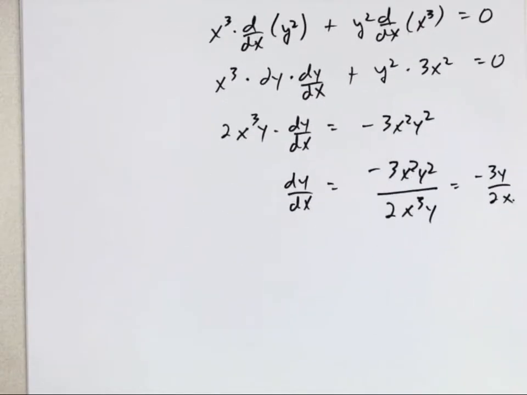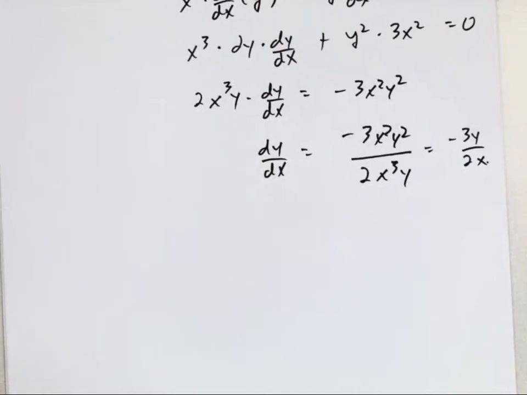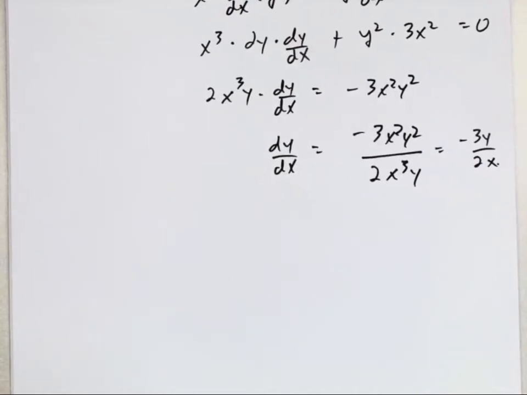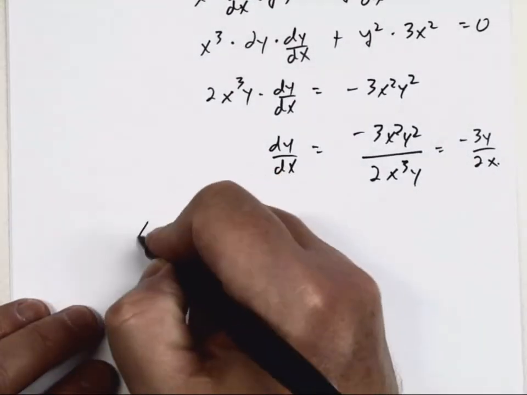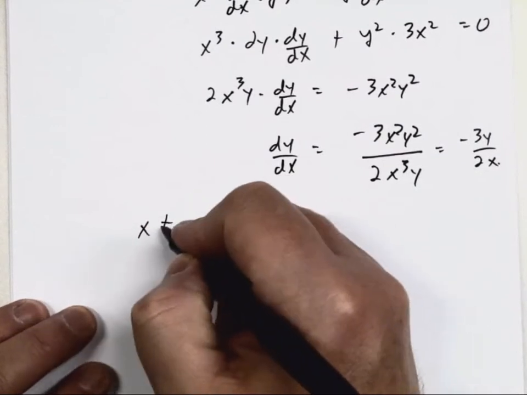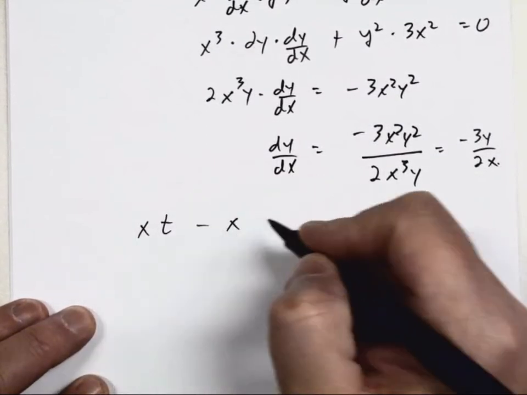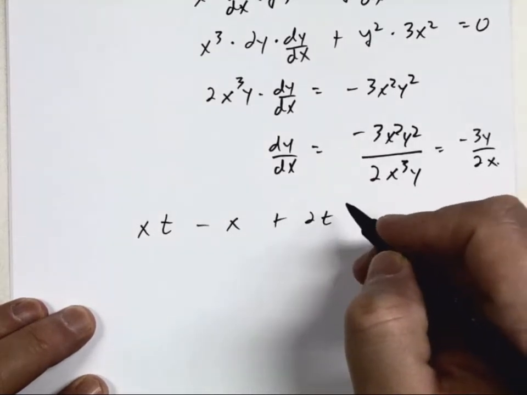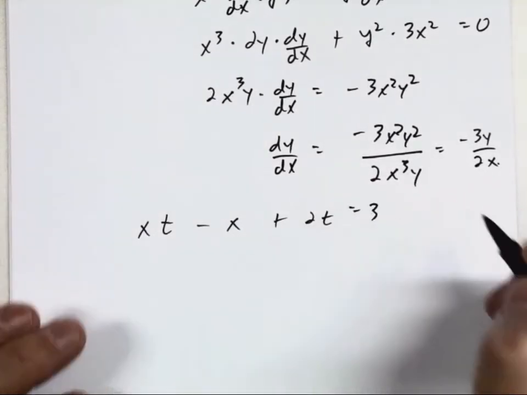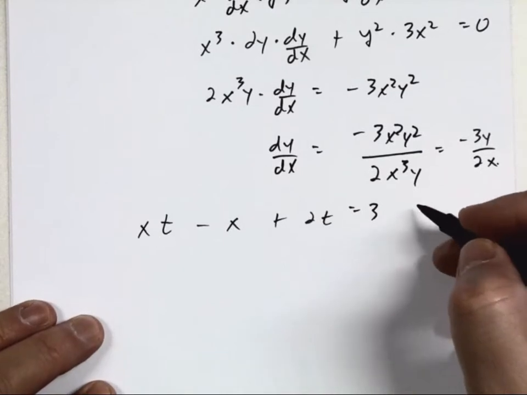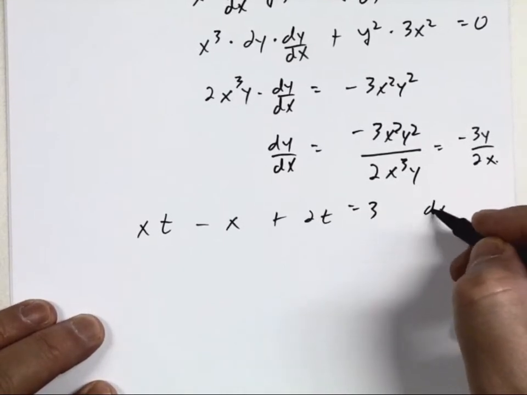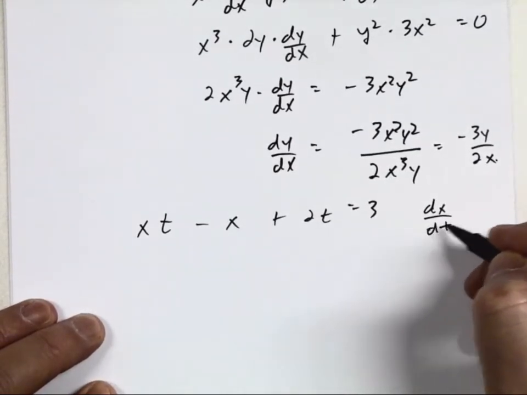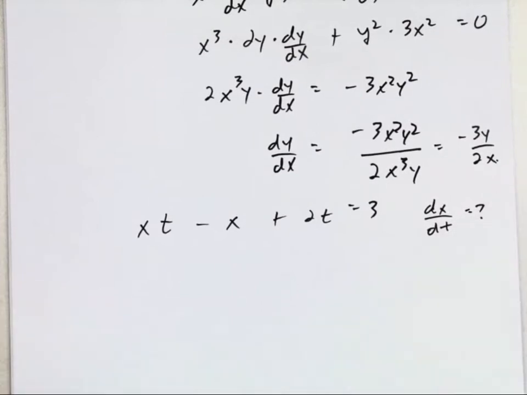Now, just for fun, let's do a problem and not use x and y. Matter of fact, let's use x times t minus x plus 2t equals 3. And I want to take the derivative of x with respect to t.